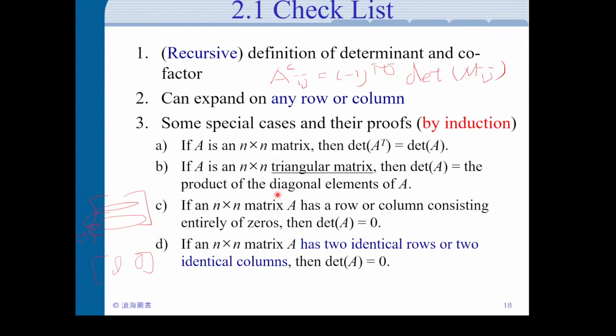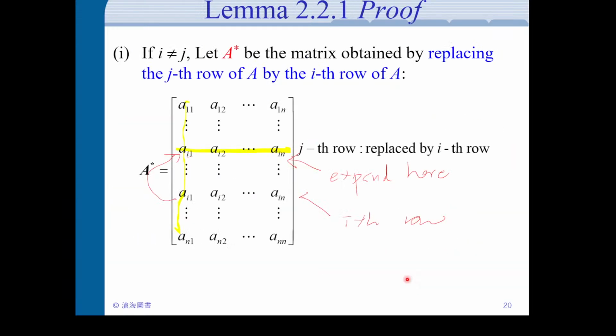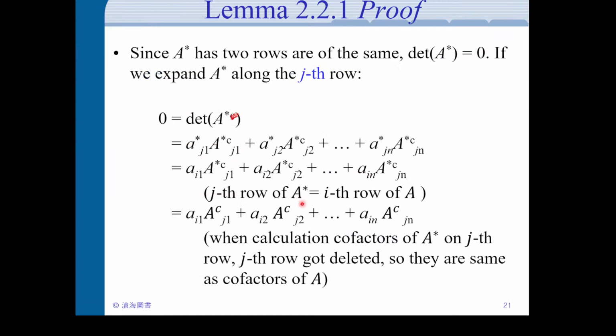From the theorem we just proved, any n by n matrix with two identical rows or two identical columns has determinant 0. And here we have two identical rows, so the determinant of A star is 0. And so this weird product between the cofactor of the elements of row I and the cofactor of row J is 0. Any questions?